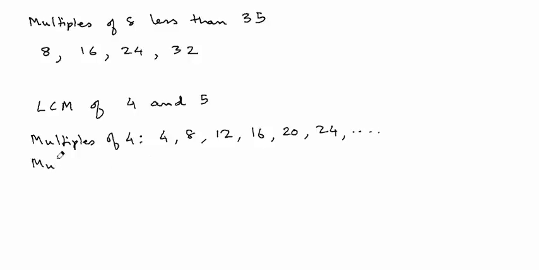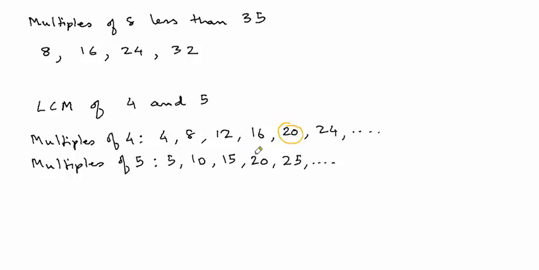And the multiples of 5 are 5, 10, 15, 20, 25, and so on. And so the LCM is 20, because that's the smallest number that is a multiple of both 4 and 5.